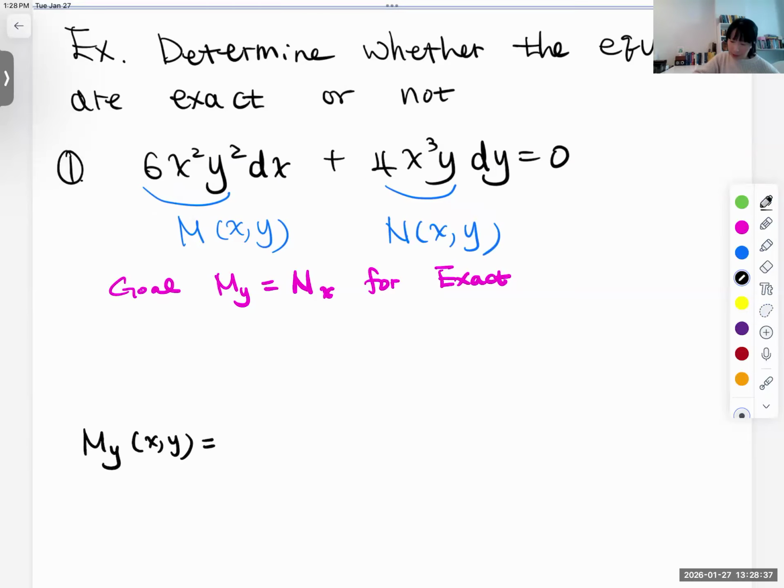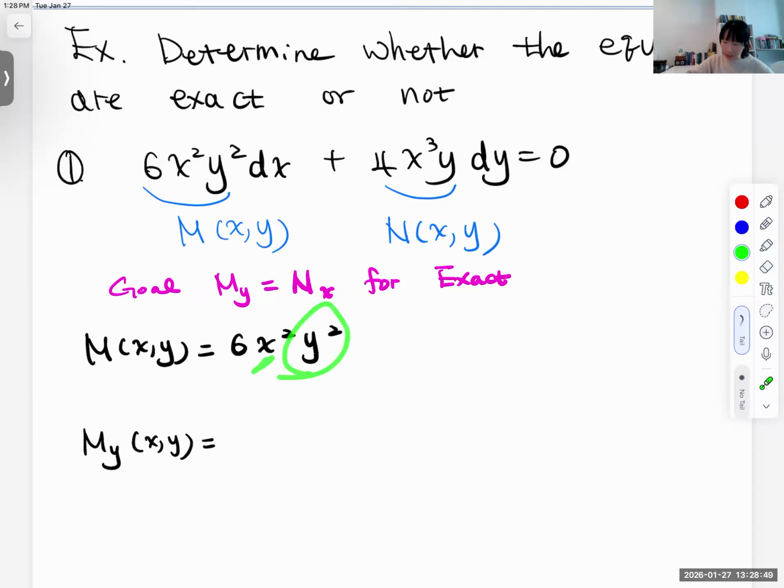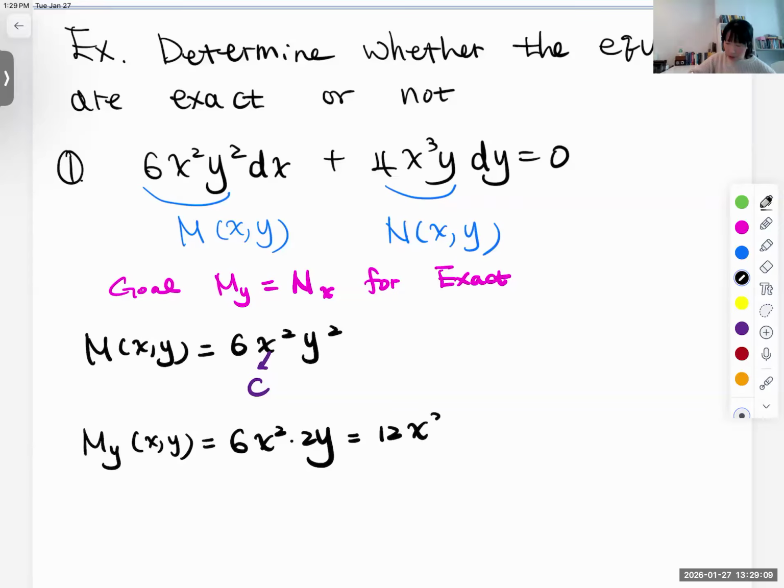So we have M of xy equal to 6x squared y squared, right? All right, then we do the partial derivative with respect to y, then x is constant. So we get 6x squared constant, and then times 2y, right? So we get 12x squared y.